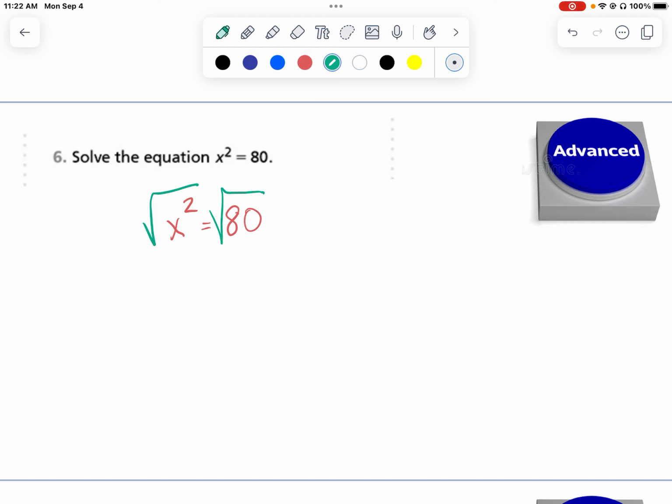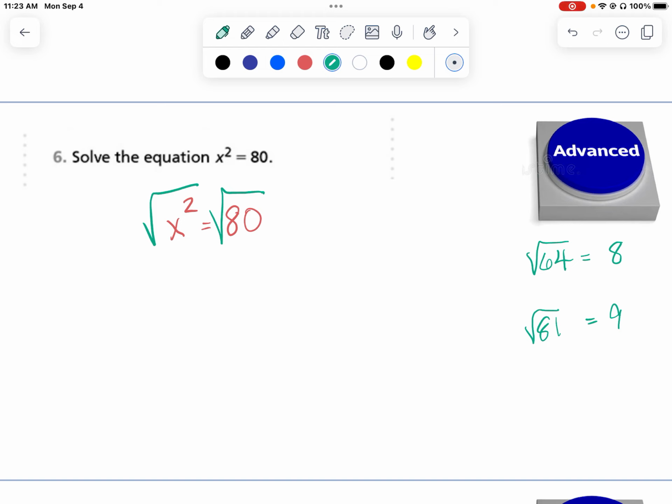If I think of my neighbor square roots, I know that the square root of 64 works out evenly and is 8. And the square root of 81 works out evenly, and the answer is 9. But 80 is neither of those. So how do we figure it out?